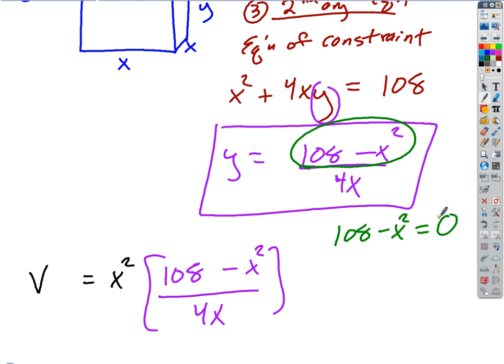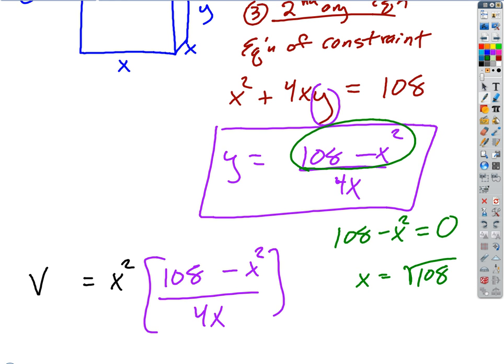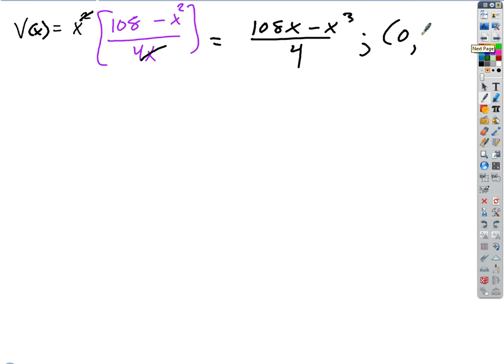So how would I solve that for x? x is plus or minus the square root of 108, but obviously it can't be negative, because that's not in our domain. And so x would equal the positive square root of 108, which is just a number, about 10 point something. So that's our upper limit of our domain.